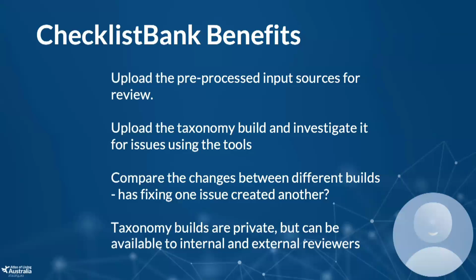And when we had our final build, we made that private checklist available to reviewers within the ALA and outside the ALA. While ChecklistBank has been an extremely useful tool for us, there are a number of things that would make our lives even easier. We've split our wish list into two parts, based on how technically challenging we think those requests are.